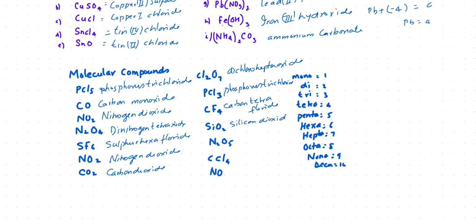N2O5, there are 2 nitrogens, so dinitrogen, 5 oxygens, so pentaoxide. Dinitrogen pentaoxide. CCl4 is carbon tetrachloride. NO, nitrogen monoxide. For the first element, we will not say mono. The first element we name is nitrogen, and there is one oxygen, so nitrogen monoxide.